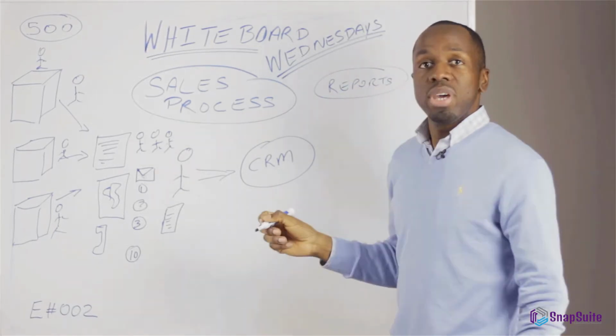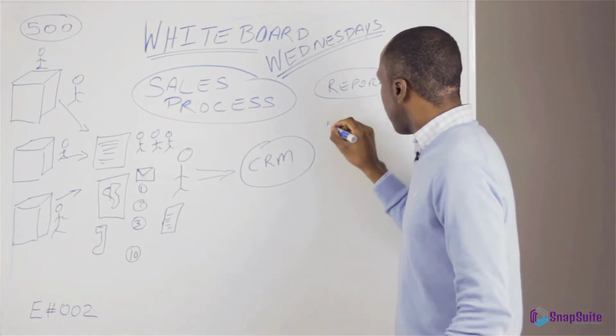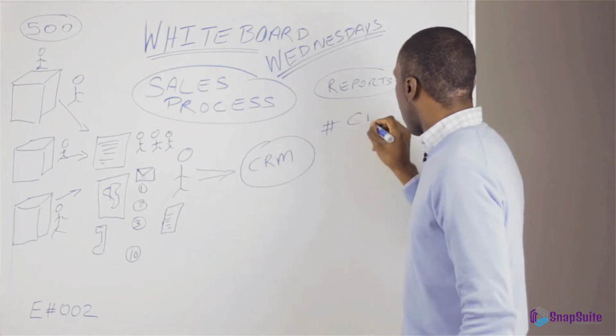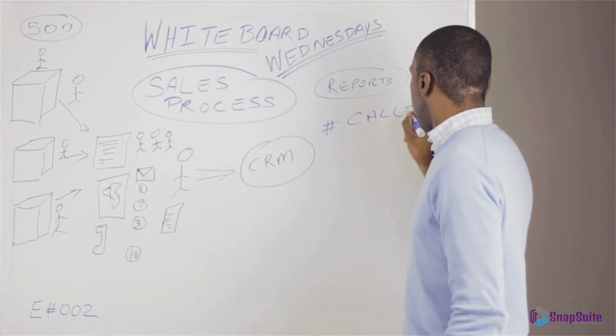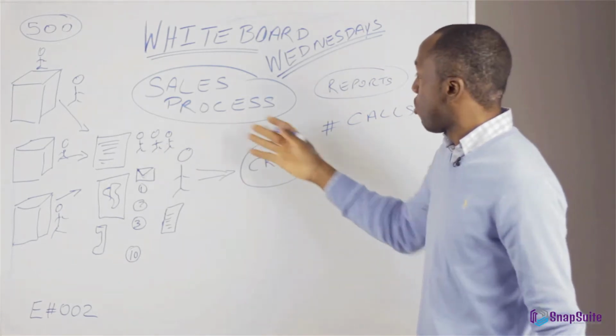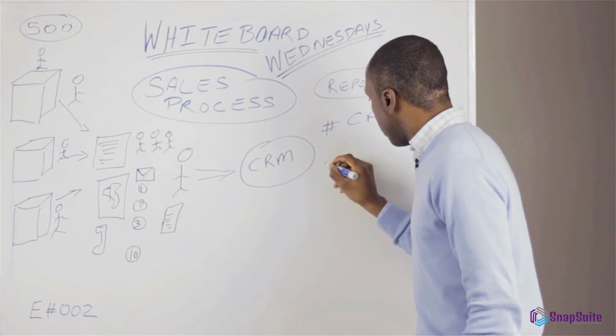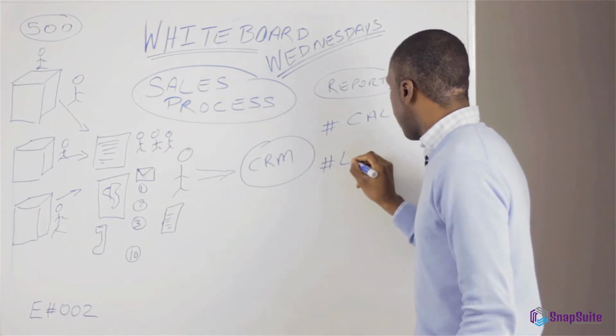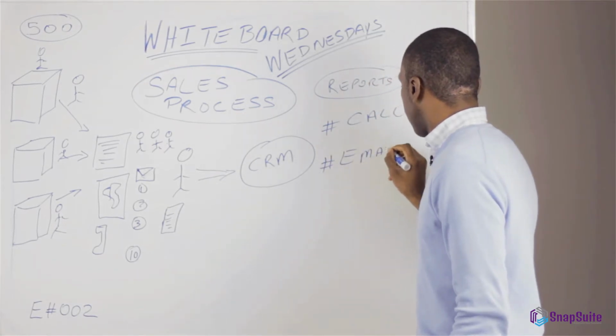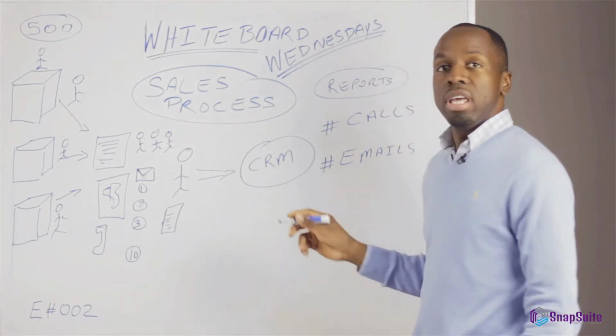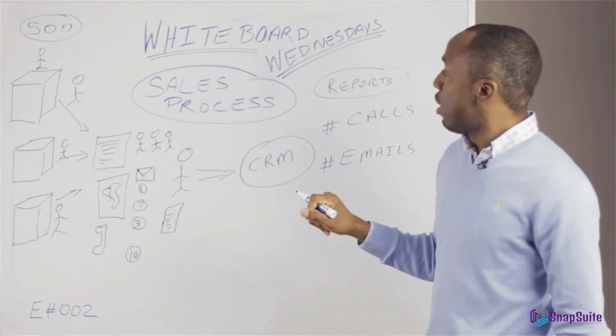Okay, so what can you get in these reports? Well, for one, you could get the number of calls that your sales guys made. What else can you get out of these reports? Well, you can get the number of emails. Right? And these are important numbers, okay? What else can you do?